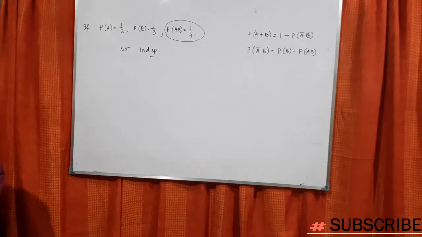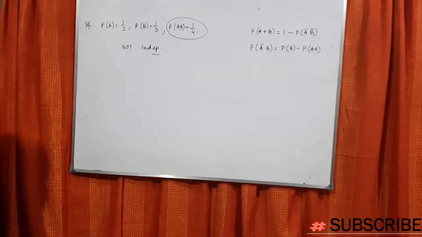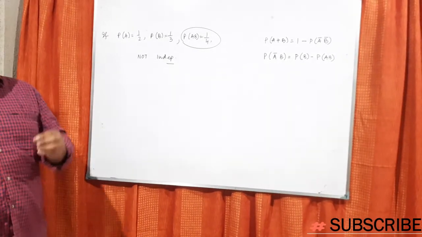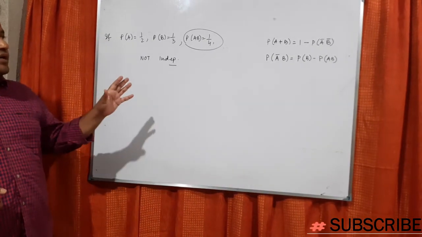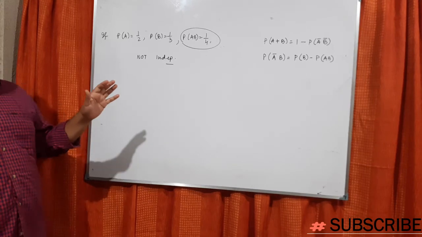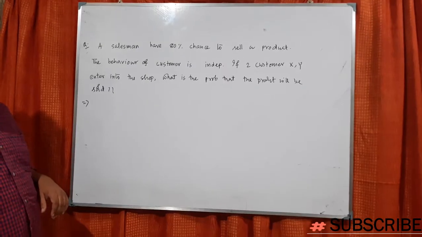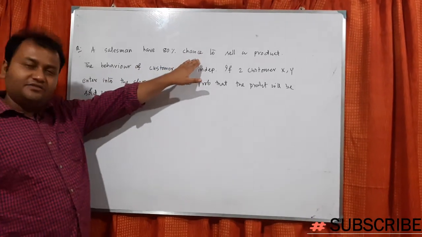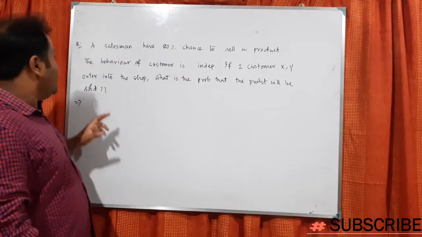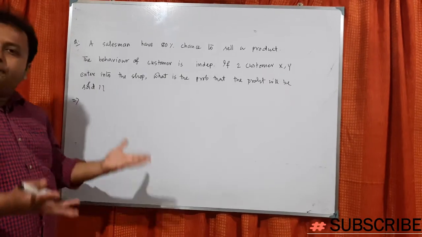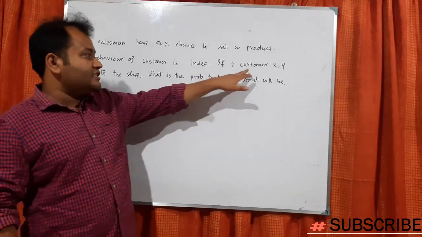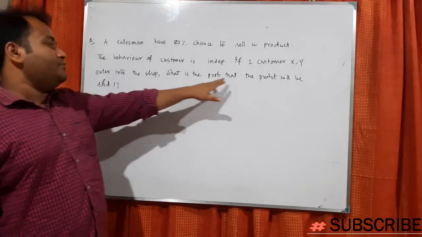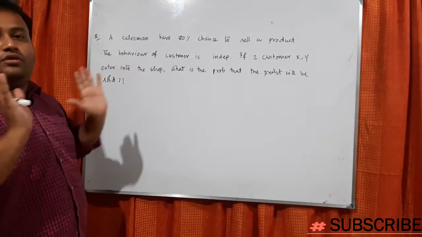Now many problems may be there based on that. So let me do one problem, and then we can complete this lecture, okay. The problem is a salesman has 80% chance to sell a product. The behavior of customer is independent. So if two customers X and Y enter into a shop, what is the probability that the product will be sold?